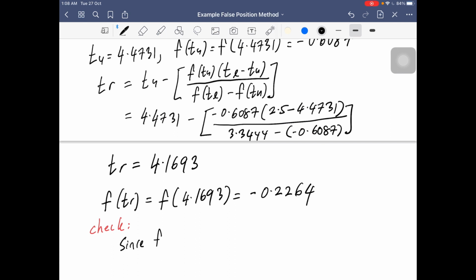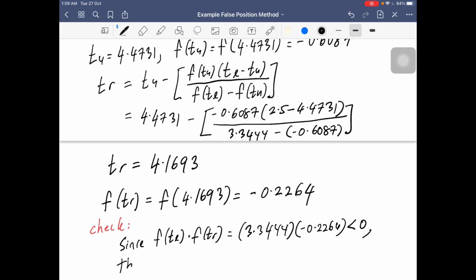Since we get FTL multiplied with FTR equal to 3.3444 multiplied with negative 0.2264, this multiplication will give us a negative value, meaning less than 0.